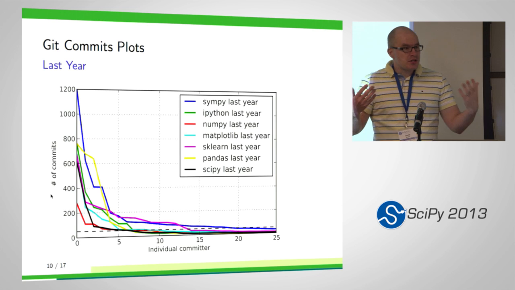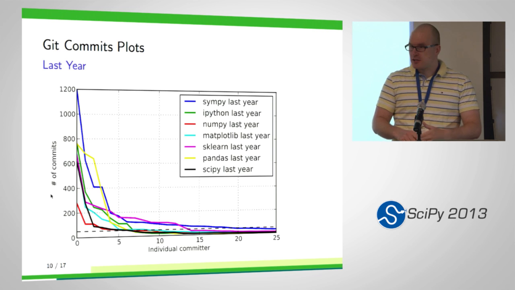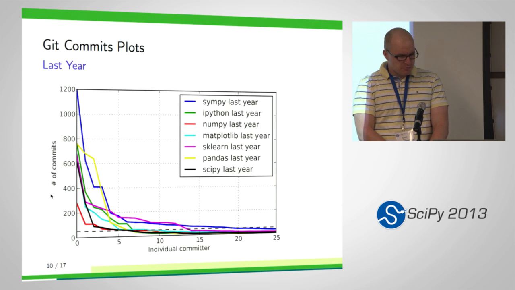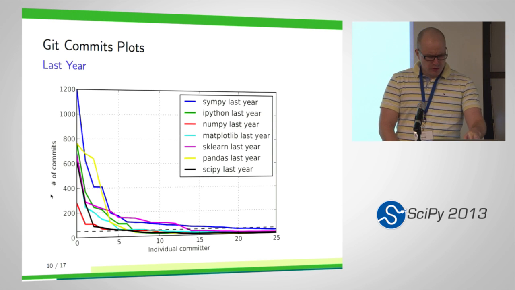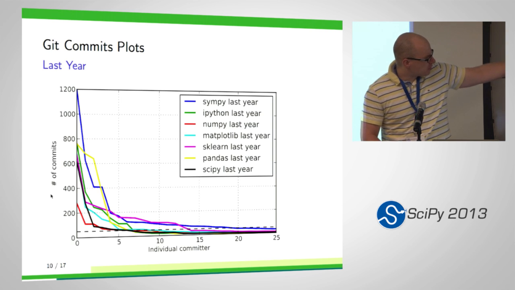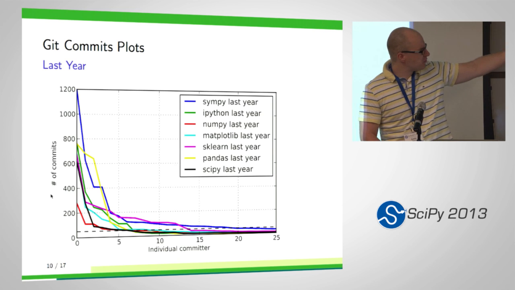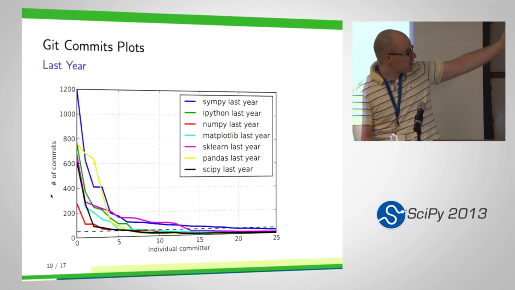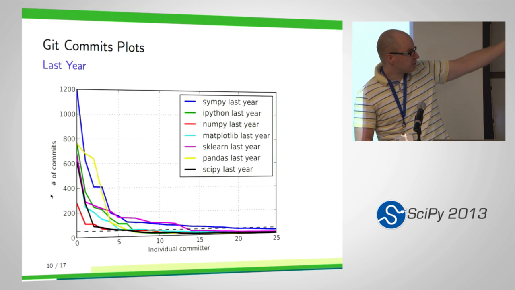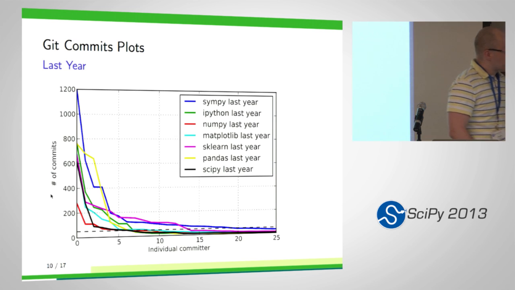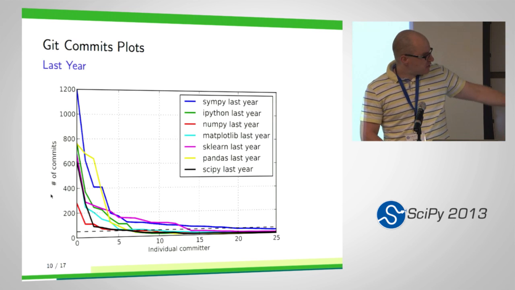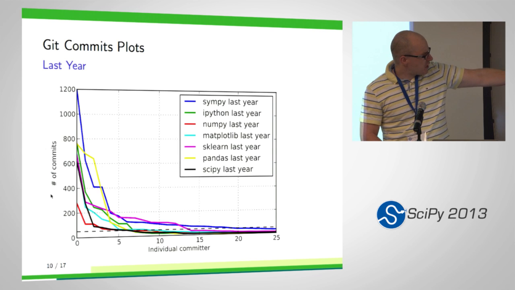Just to give you an idea about how active the project is, we plotted a graph of about 6 or 7 open source scientific projects like SymPy, IPython, numpy, matplotlib, and we plotted the number of commits on the y-axis and individual people on the x-axis.